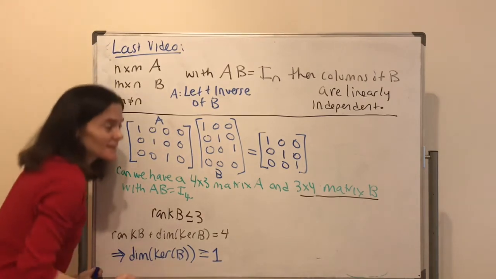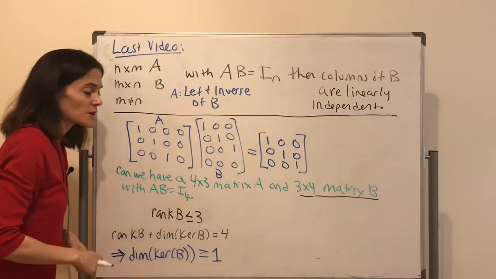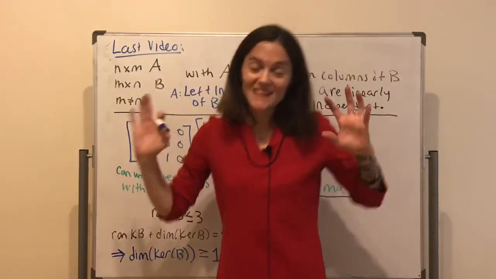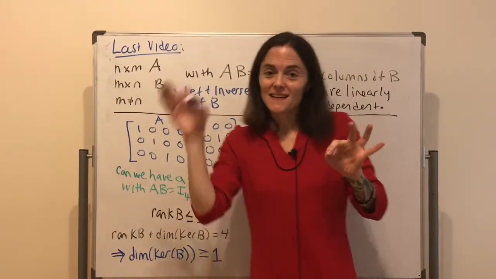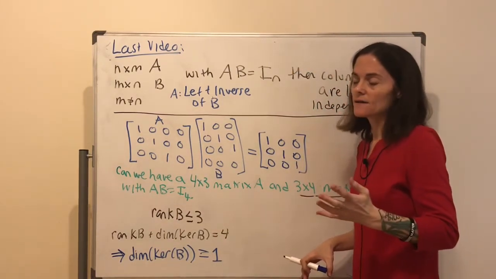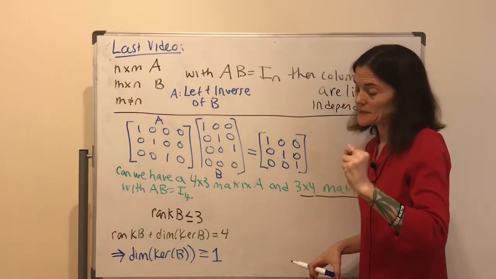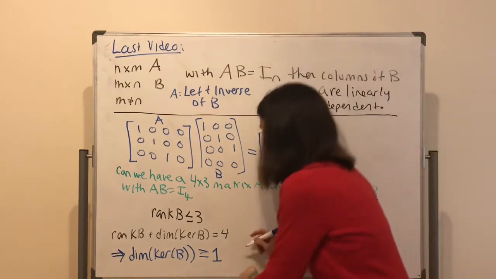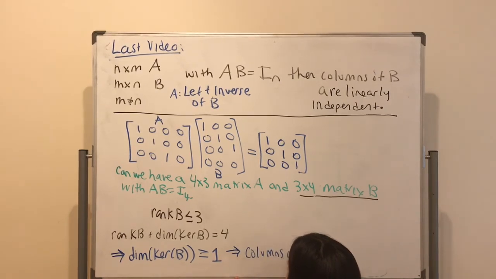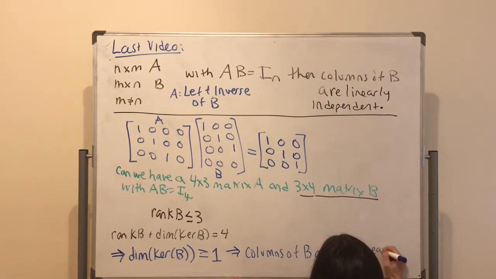In particular, this says that the kernel is not just 0, because the 0 subspace we discussed has dimension 0. So if your dimension is bigger than or equal to 1, it means that you have something in the kernel besides just 0. So this says that the columns of B are not linearly independent.